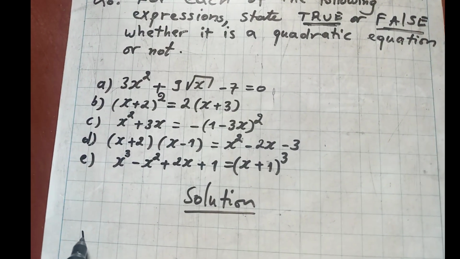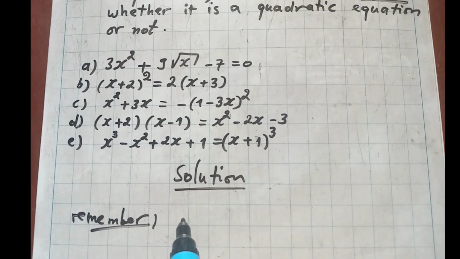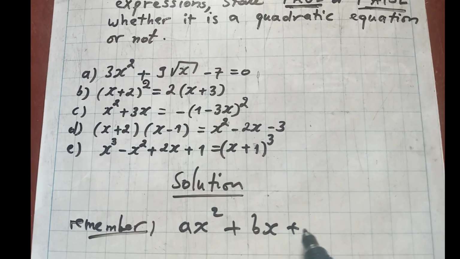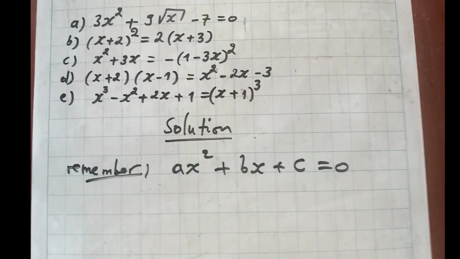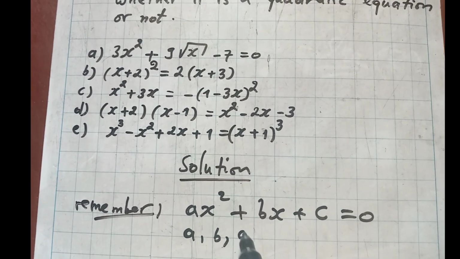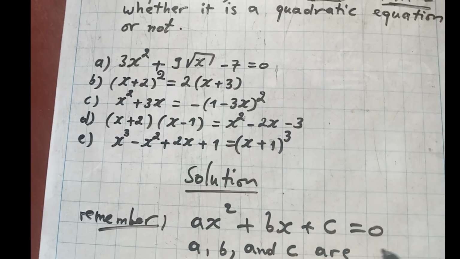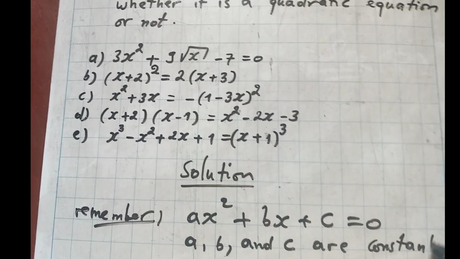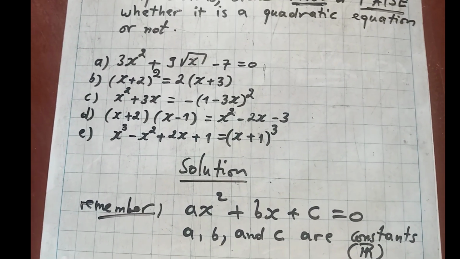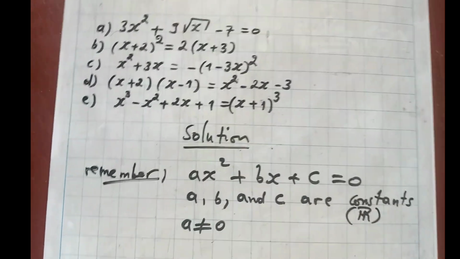The general form: the quadratic equation is in the form of ax squared plus bx plus c equals 0, where a, b, and c are constants. They are constants. It means they are real numbers. And this a is different from 0.